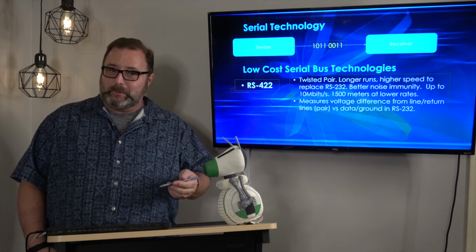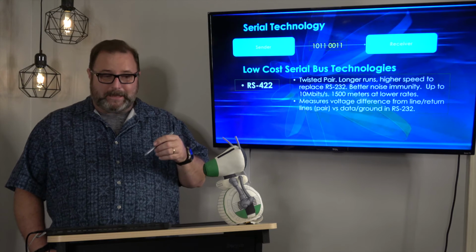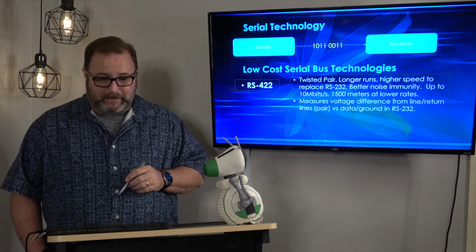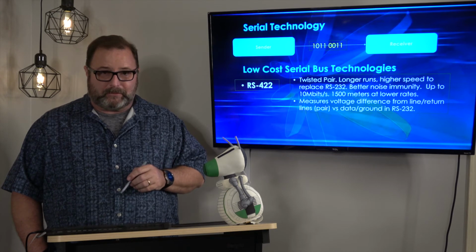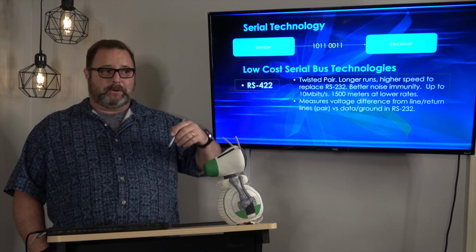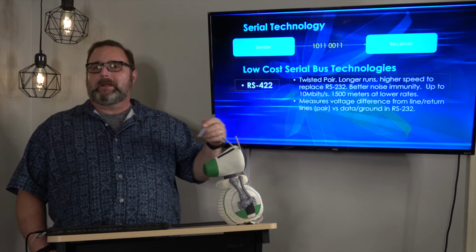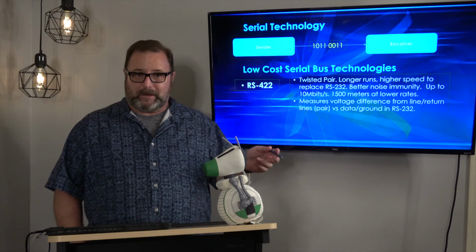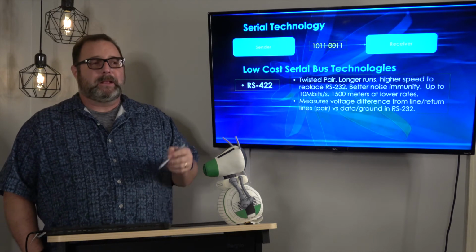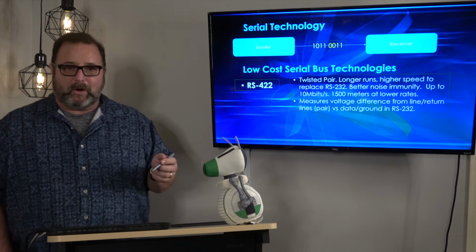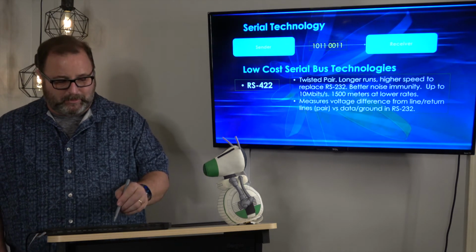And it's got better noise immunity, and you can get up to 10 megabits per second. Okay, and you get 1,500 meters if you're not moving at its full speed. So if you're going to go longer, it's not going to run as fast, but you can get 1,500 meters out of a cable. Okay, so twisted pair is used a lot in industrial systems. Okay, and it's the RS422 program.